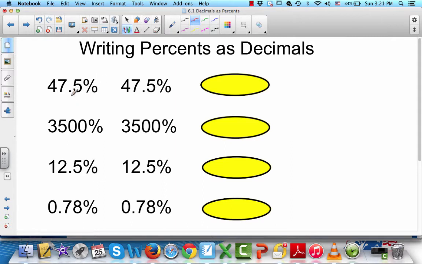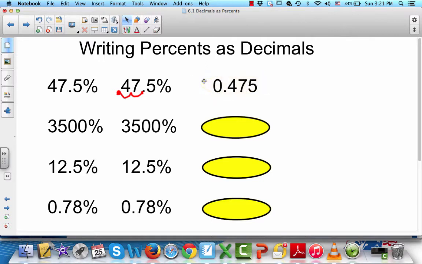So we've got 47.5%. Here we are with the decimal. There's the percent sign. We're going to go away from the percent sign to the left, and our answer is going to be 0.475.